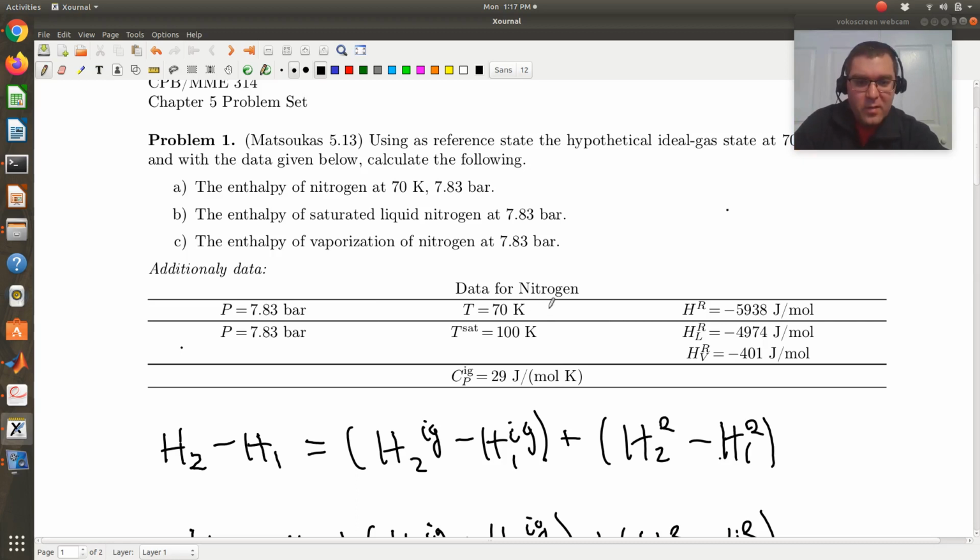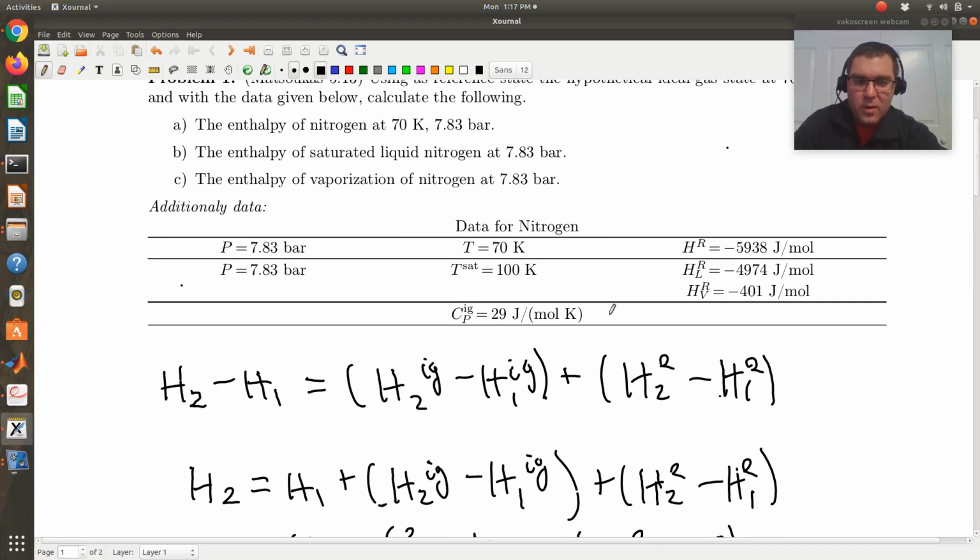At 70 Kelvin, I have a liquid. And what I want here is the enthalpy of the saturated liquid, so I'm going to be dealing with the liquid phase, and at 70 Kelvin it just so happens that we have a liquid.